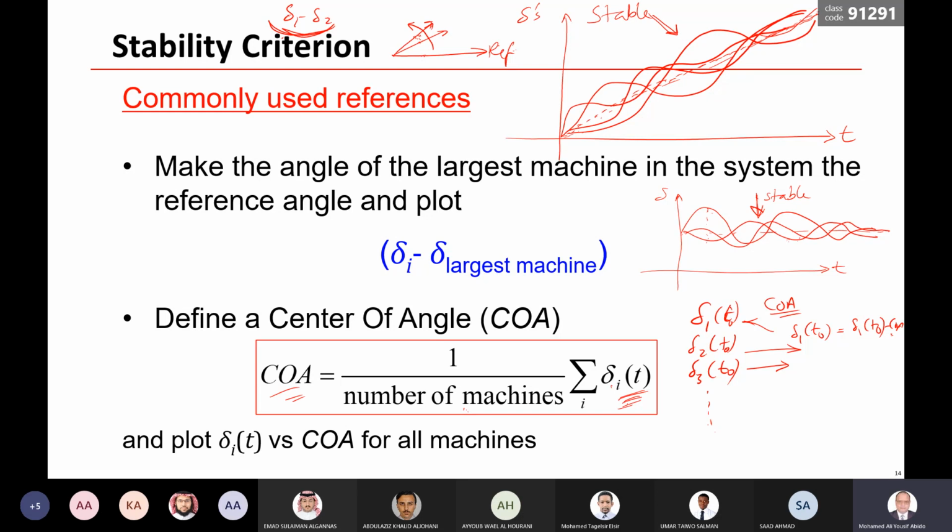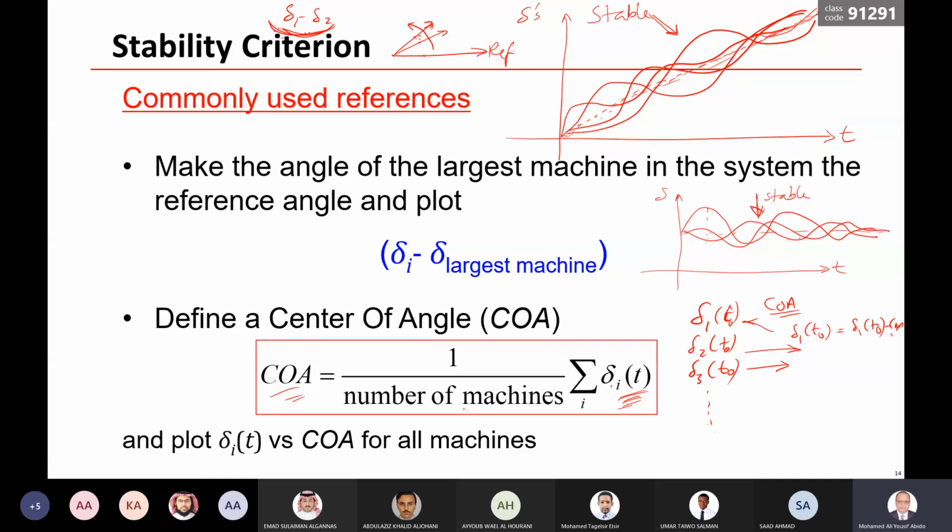This could be higher than 90, and this could also be higher than 90, but this is with respect to the reference. You can take any phasor as your reference. What is important here is the angle difference.